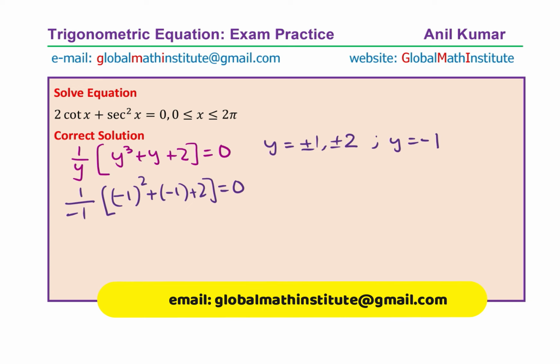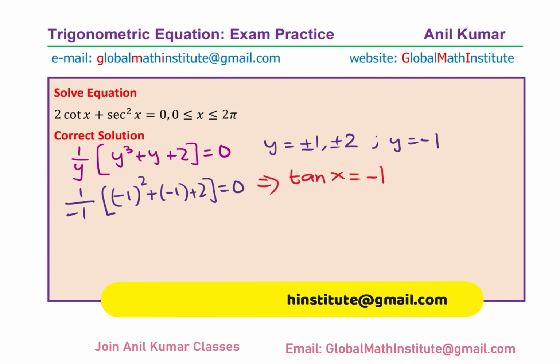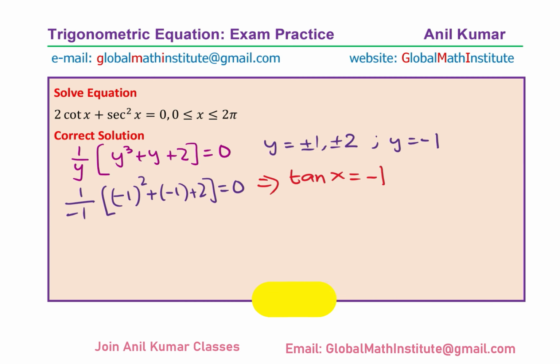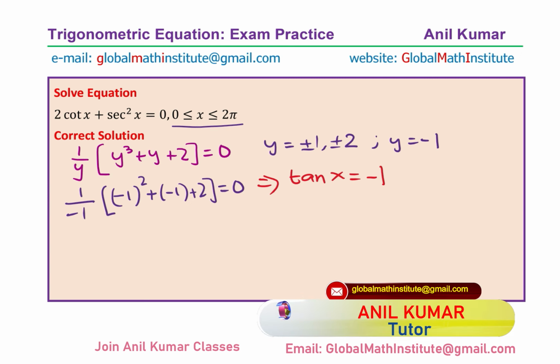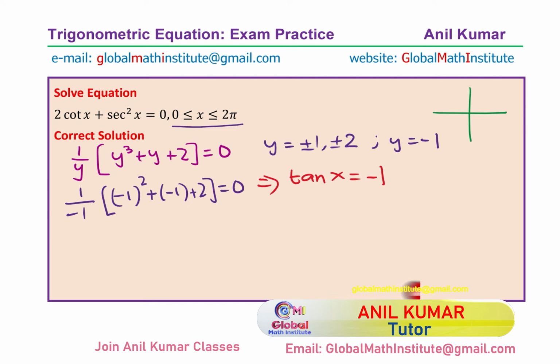So we do get one of the solutions, and the solution is that y was substituted as tan x. So we get the solution that tan x equals minus 1. So if tan x is minus 1, in that case, within this given domain, we have solutions in quadrant 2 and in quadrant 4, right?